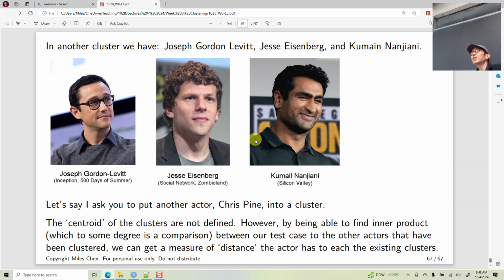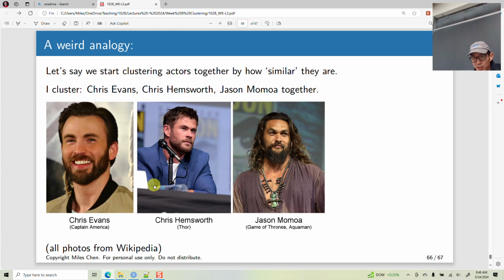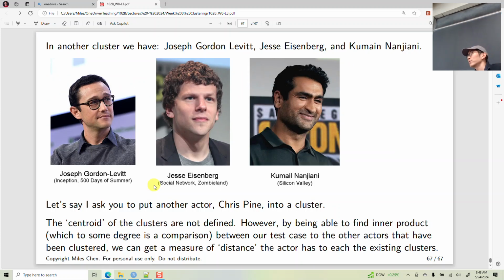But we might have some measure of how similar or how dissimilar two people or characters or their roles are. We might measure a quote distance by saying, how different or similar is our new actor to the ones that have already been clustered?